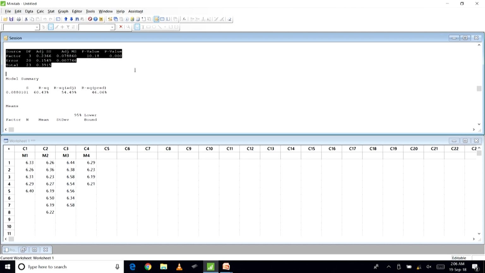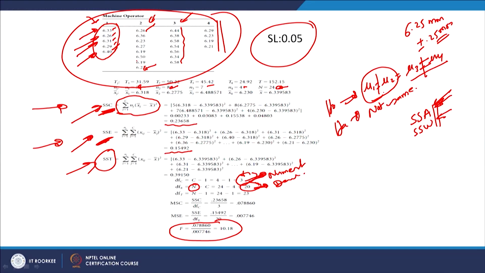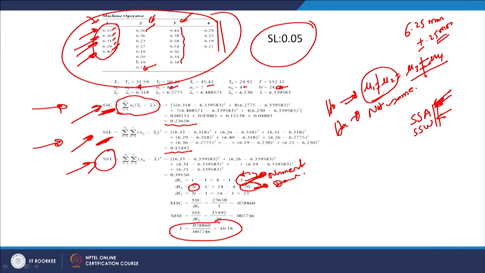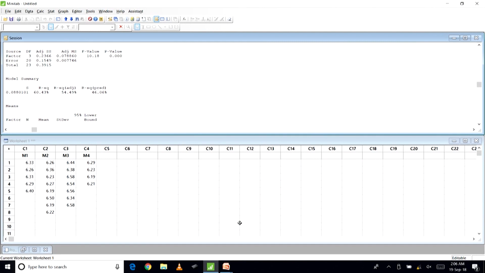Now, if you look at the ANOVA table, we have got the calculated F value, which is 10.18, exactly similar to what we have got here, right. 10.18 is the calculated F statistic, which is here, isn't it. Now, the p value is 0, right.